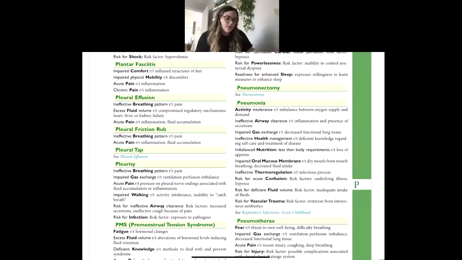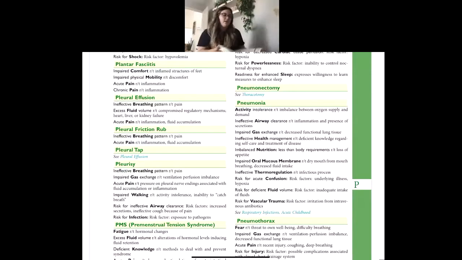And then you see the risks for at the end there, which you can also include in yours. So once you get to that in the front green pages, you can make a list, take note of whichever ones you think are most related to your specific patient. So let's say they have impaired gas exchange.